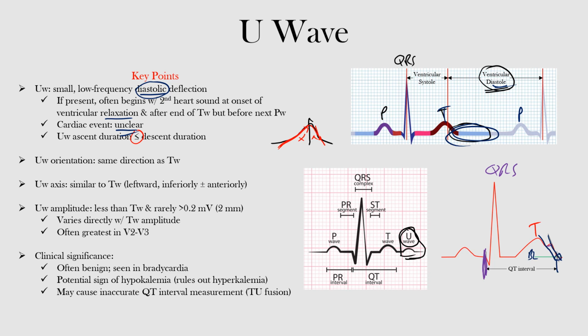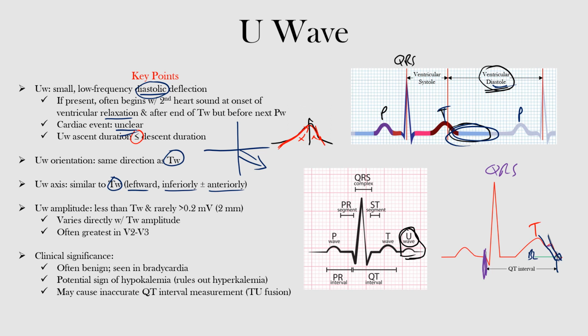The U wave ascent duration tends to be less than or equal to the descent duration, okay? And then we talked about the U wave orientation, as well as the axis seems to be similar to that of the T wave, okay? The axis is directed leftward, inferiorly, and anteriorly, okay? So if we draw that out, it'd be heading in this direction, all right? Same as our QRS, T wave, and U wave.